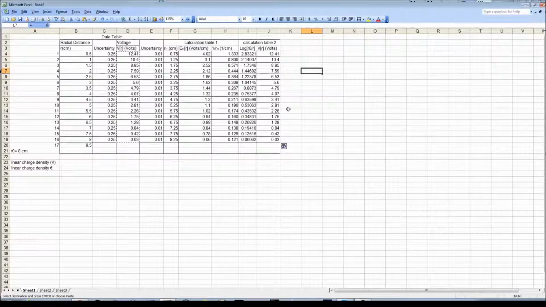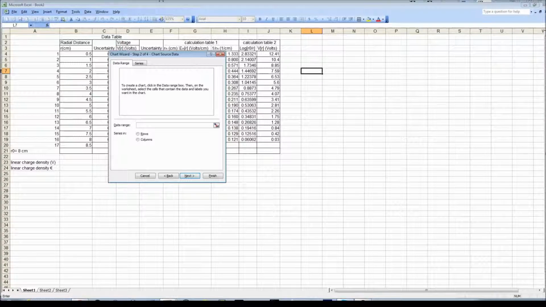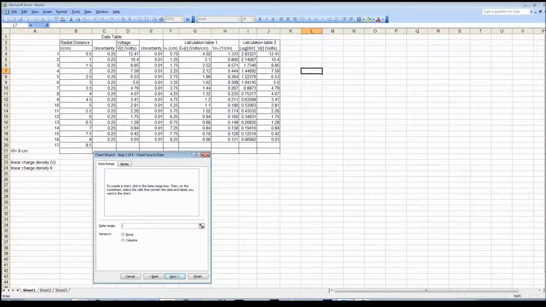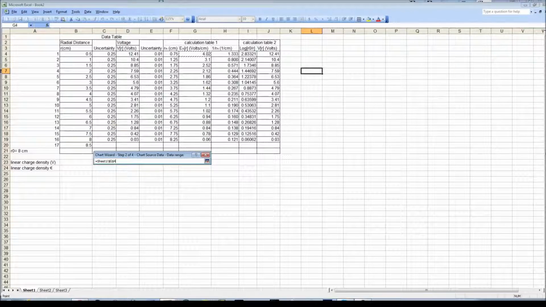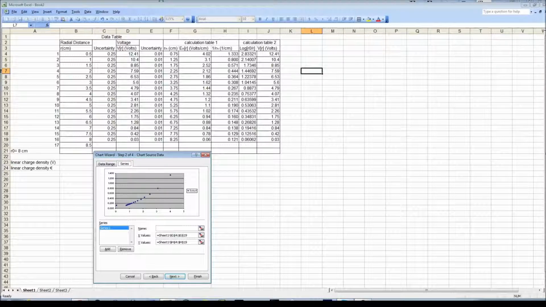Alright, now we're ready to graph our results. So I'll go to Insert Chart, XY Scatter Plot. Our data range, first we're going to use Calculation Table 1, which will use E in R, our electric field, against our 1 over Rn. But that is not quite right.